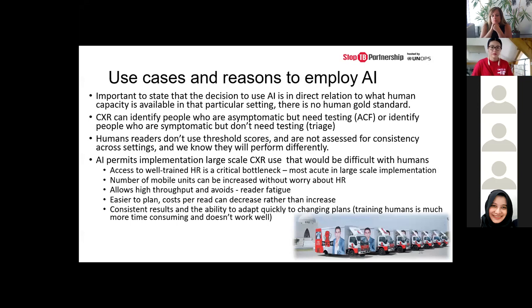And the ability of humans to change the way that they read, and to say, oh, we'll allow more or we're going to restrict the reading, is much more difficult than if you're doing it with the machine. So retraining and all of that is much more complicated. So those are the use cases and reasons to use.